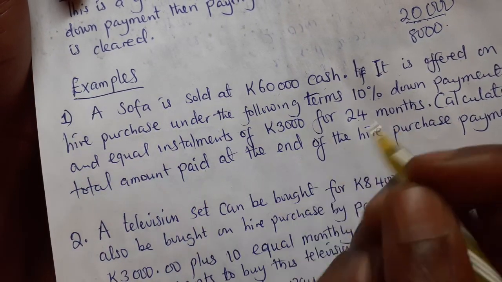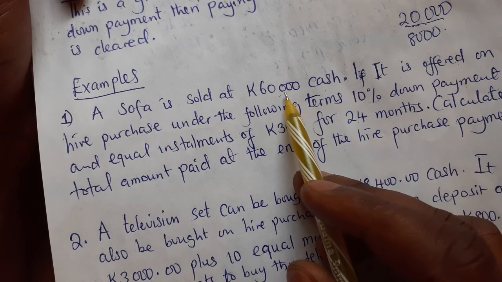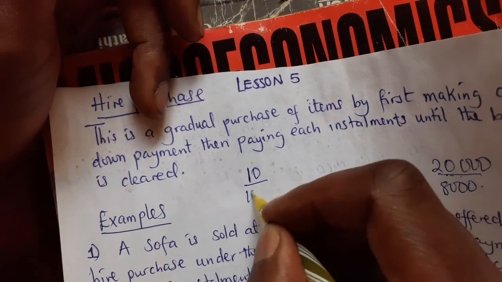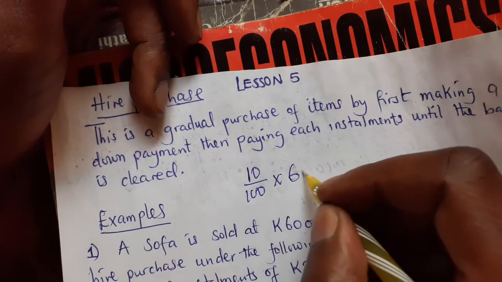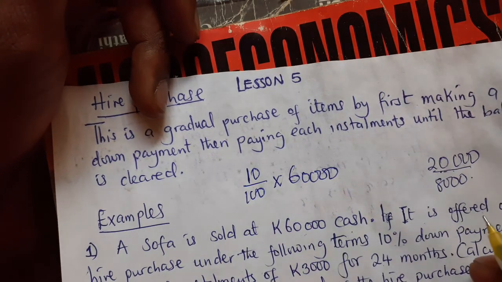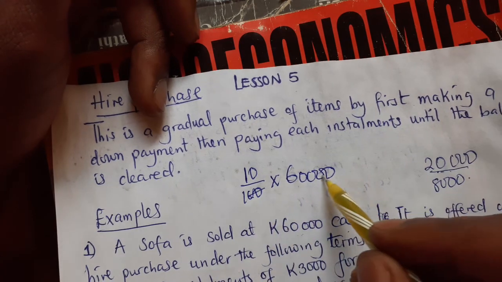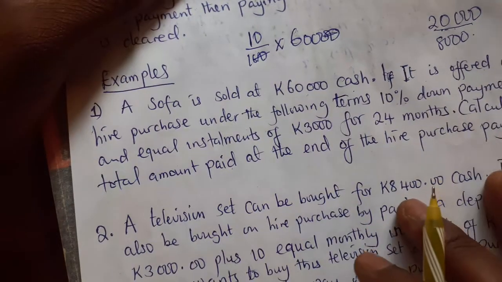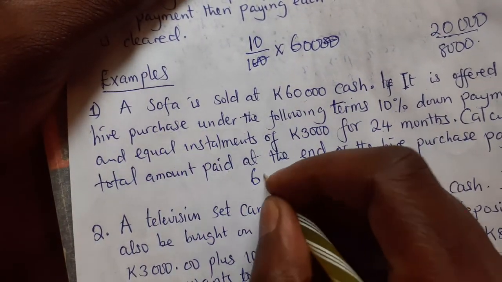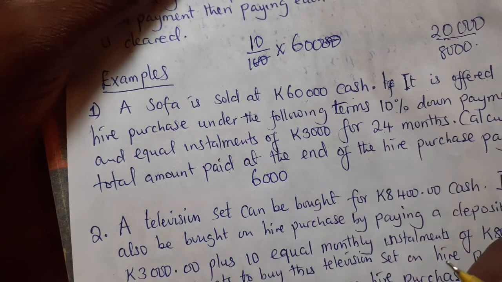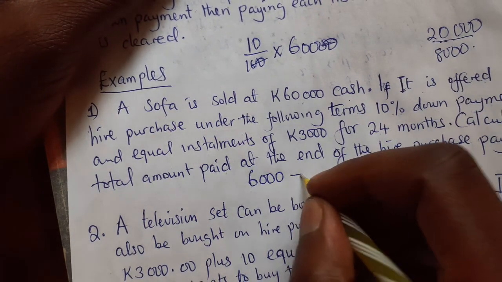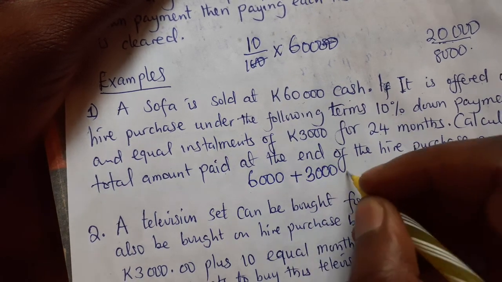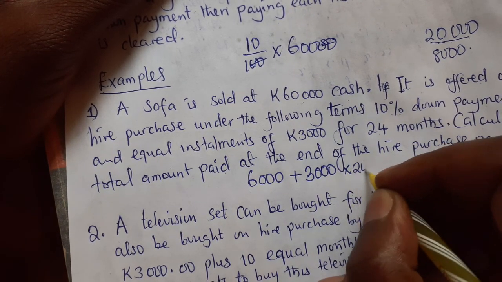The first is going to be 10% of this. How do you find 10% of this one? You can say this is 10 over 100 multiplied by 60,000. When you knock out these 2 zeros and these 2 zeros, you discover that the 10% is going to be 6,000. Then plus 3,000 by 24 months.